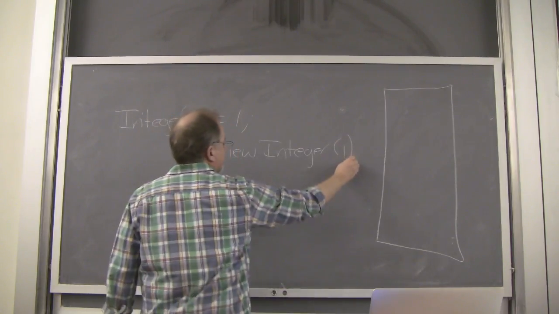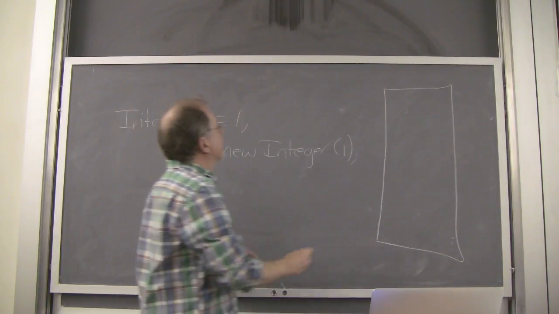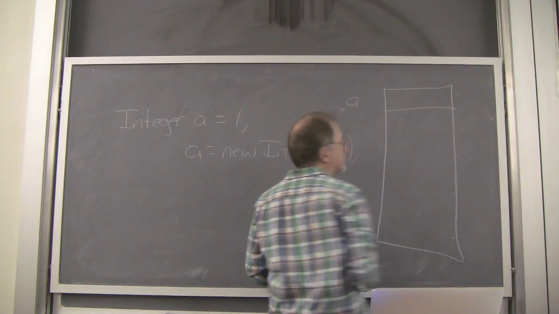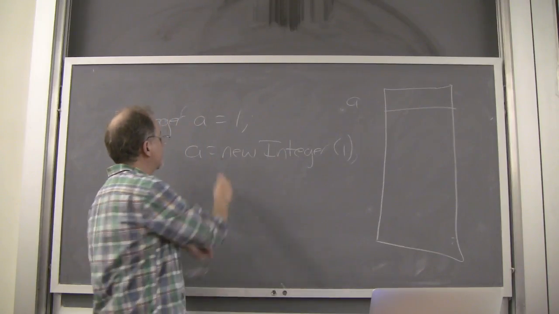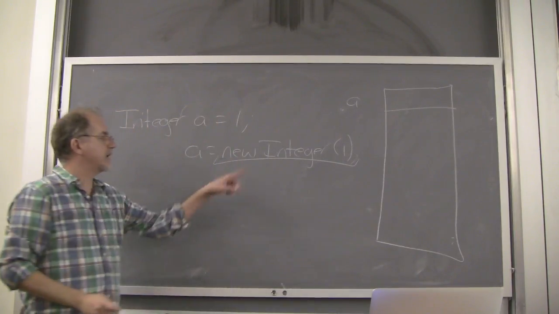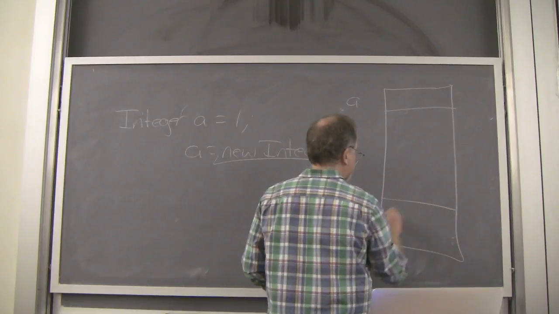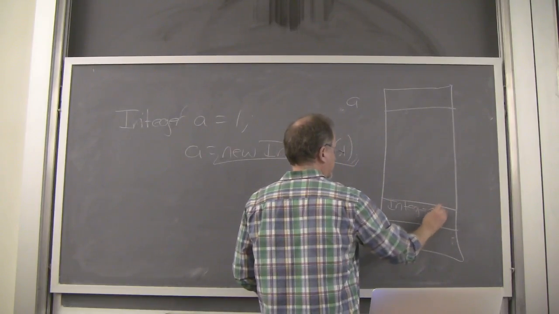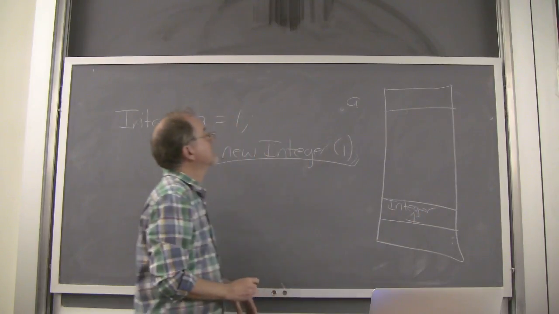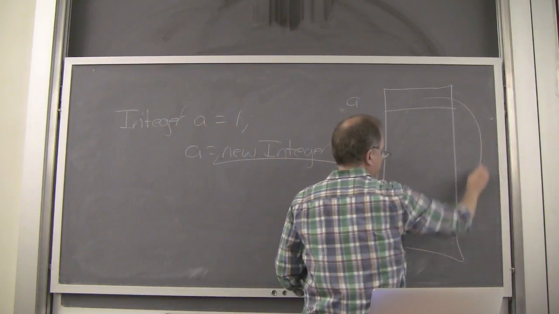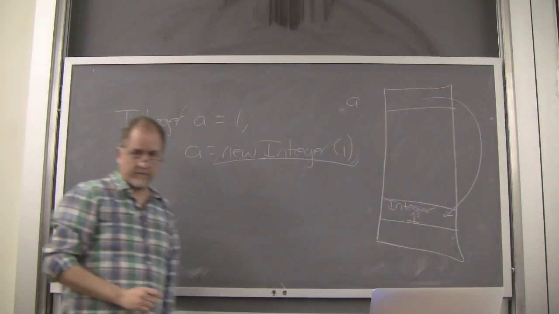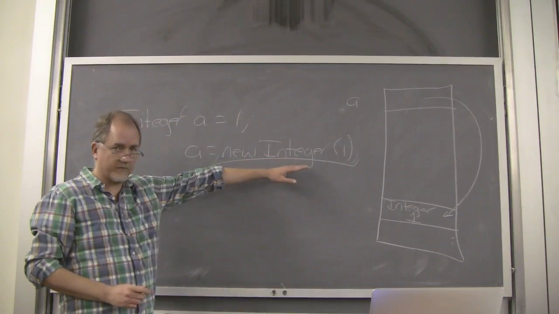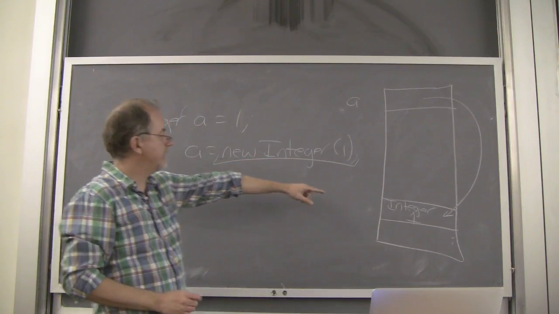What that means is we have an a value. It's a reference to an object. This part here makes a new Integer object on the heap somewhere that has a 1 in it, and a references that object. A is a variable on the stack. The part it references is on the heap, a new Integer 1.